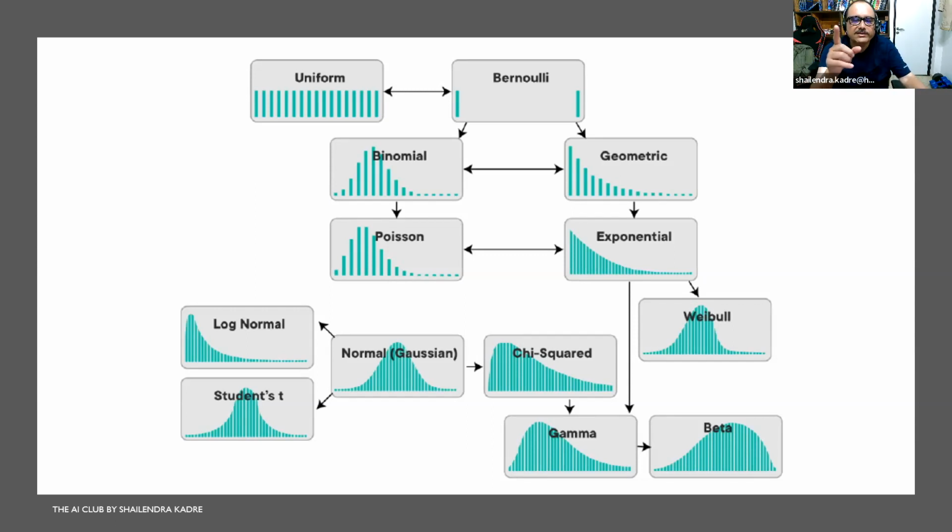In one of our future lectures, we'll cover uniform distribution with formula, binomial distribution with formula, Poisson distribution with formula, exponential distribution with formula, and student T distribution on the bottom left, which we will study with the formula. Normal distribution and chi-squared distribution we will also study with the formula.